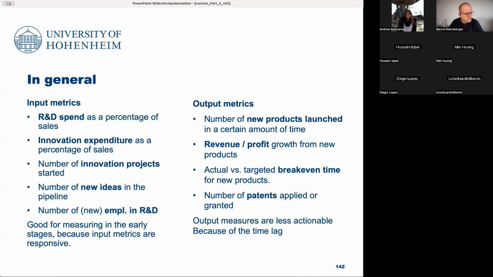Now, what can you do on the firm level with this? Assume that you are in a larger organization and you have different teams. You have maybe a couple hundred different teams that work on innovation.